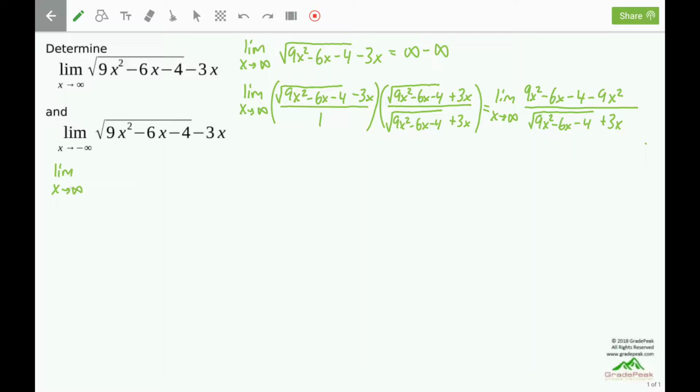In the numerator, we can combine like terms. The 9x squared and the negative 9x squared will cancel each other out, leaving a negative 6x minus a 4 divided by the root conjugate.